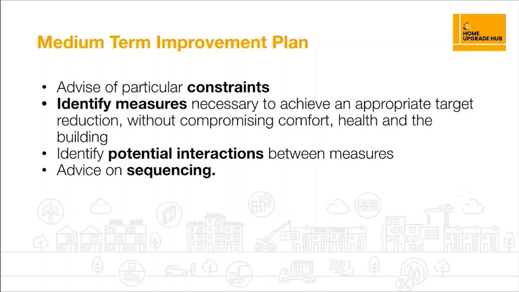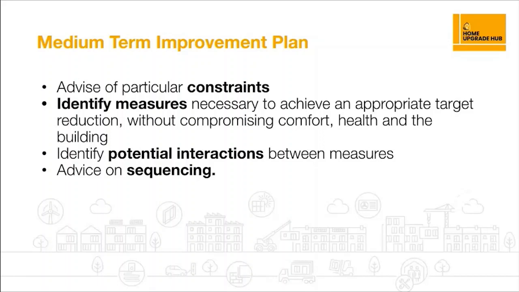So it's about allowing somebody in the future, if they were to pick it up, to know what the particular constraints are, like the construction, the character, the setting of a building. Identify what measures might be necessary to achieve an appropriate reduction without compromising things like comfort, health, and the condition of the building.